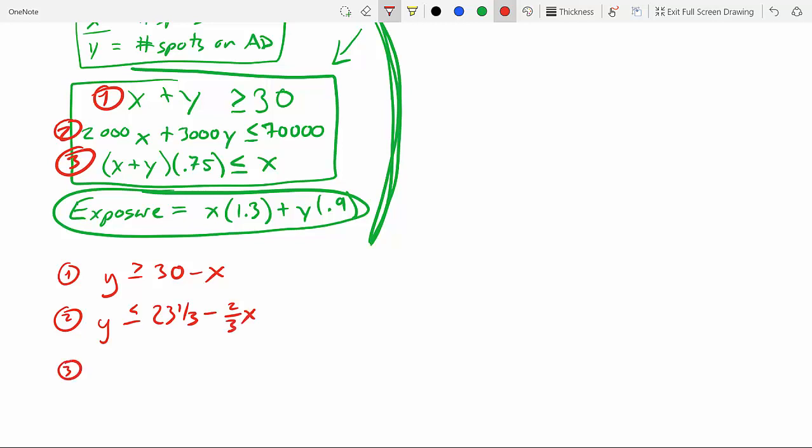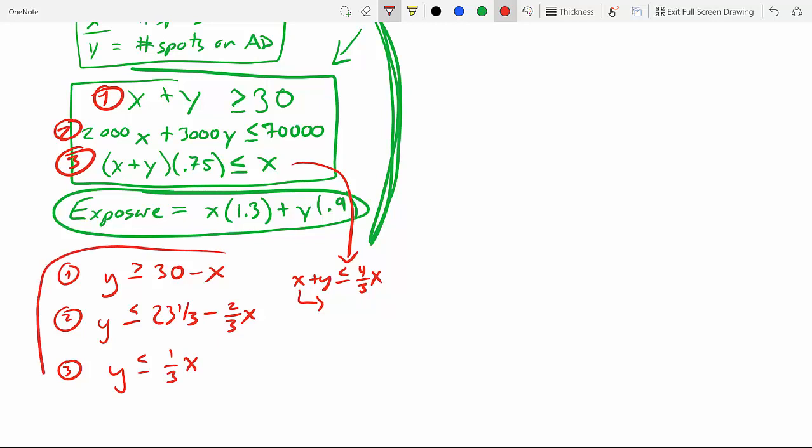And for the last one, simplifying this, we'll end up dividing by 0.75 and get 4/3 x. So kind of an intermediate step here: we get x plus y less than or equal to 4/3 x after dividing by 3/4. And getting y by itself means I move that x to the other side, so we have y less than or equal to 4/3 x minus x, so that's less than or equal to 1/3 x. So these are the three equations that we're going to graph.